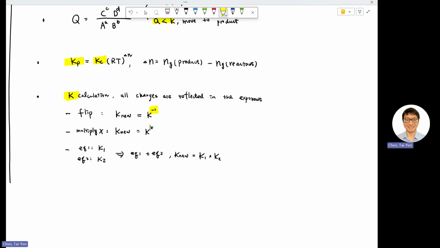If you multiply by X, then you put the same X as the power of that new K. Okay, if you have two equations with equilibrium constants K1 and K2, if you add up those two equations, the new K will equal the product of these two original equilibrium constants.